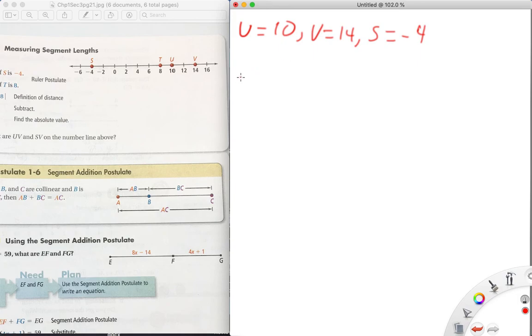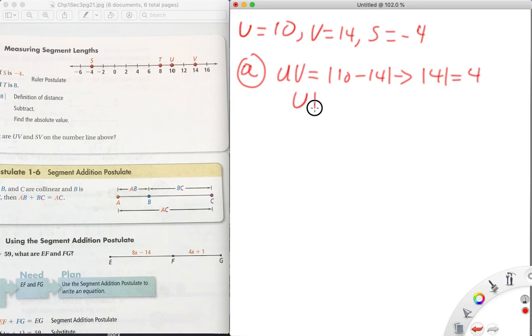So looking at the distance of UV, the first one, UV is equal to the absolute value of U minus V, so that would be 10 minus 14, which is the absolute value of -4, which equals 4. So UV equals 4.